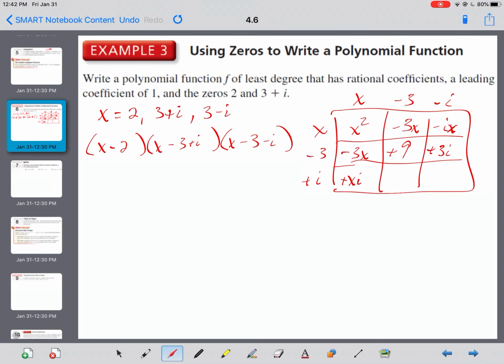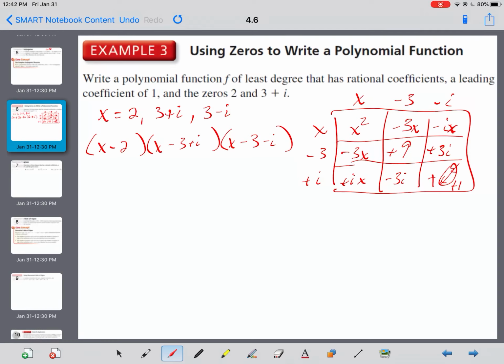positive xi. Oops, x not first. Positive ix, negative 3i, and negative i squared. That's important. Remember, that's a negative 1, and negative makes positive 1.